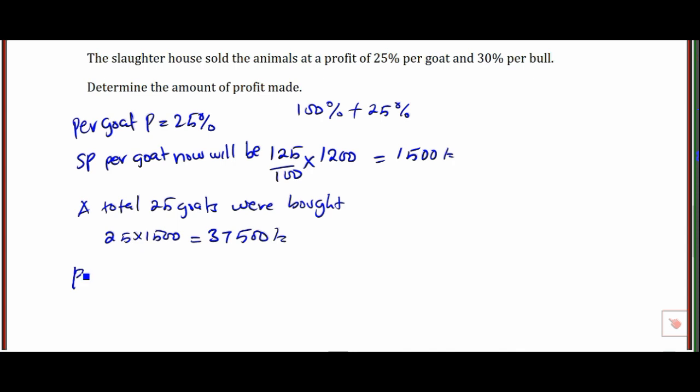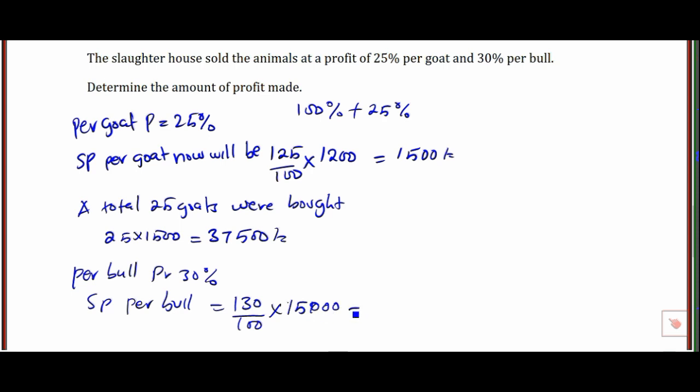You do the same for the number of bulls. So per bull it was sold at a profit of 30%. Now the selling price per bull becomes, you take 100 plus 30, which is 130 over 100 times the price of one bull, which was 15,000 or 15k.